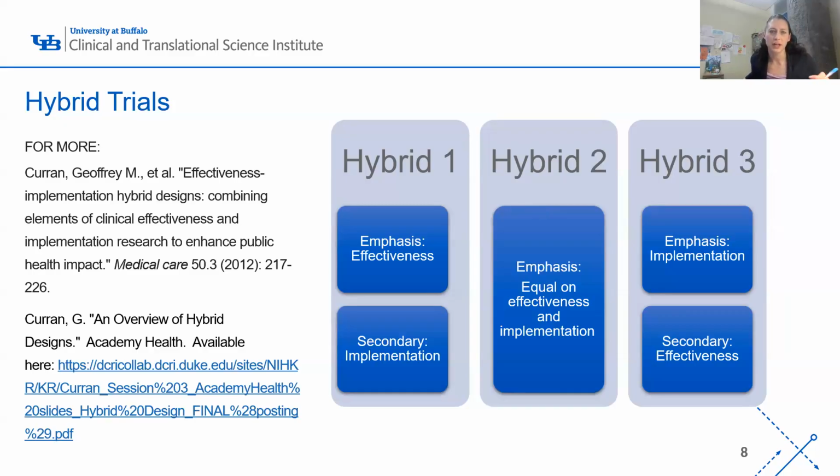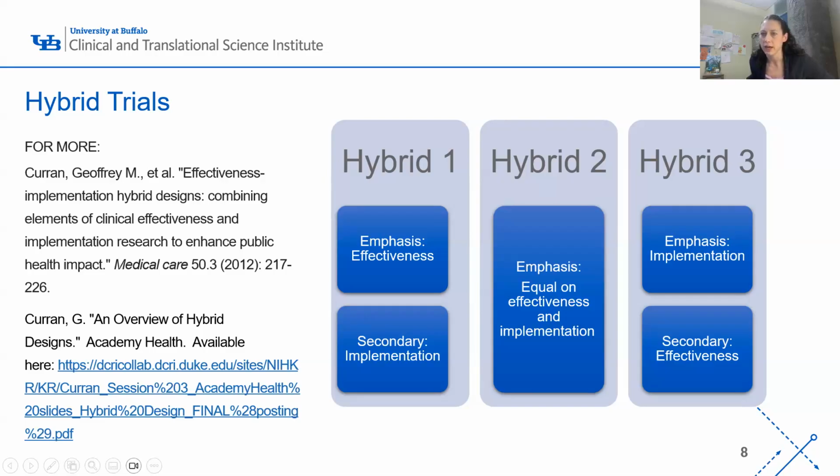Framing your study as a hybrid 1, 2, or 3 is helpful for setting it up for people and managing expectations around what your study is trying to accomplish. There are a couple of citations here that are really excellent, the original description of these hybrid trials, as well as a presentation by Jeff Curran, who came up with this framework that goes through these designs.